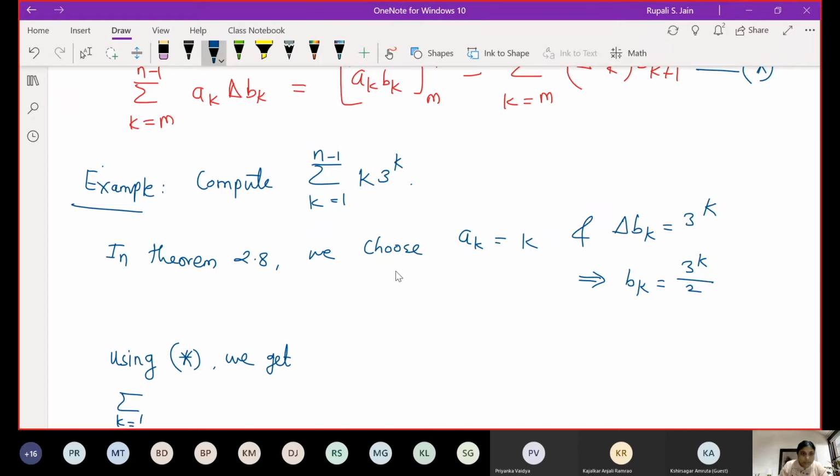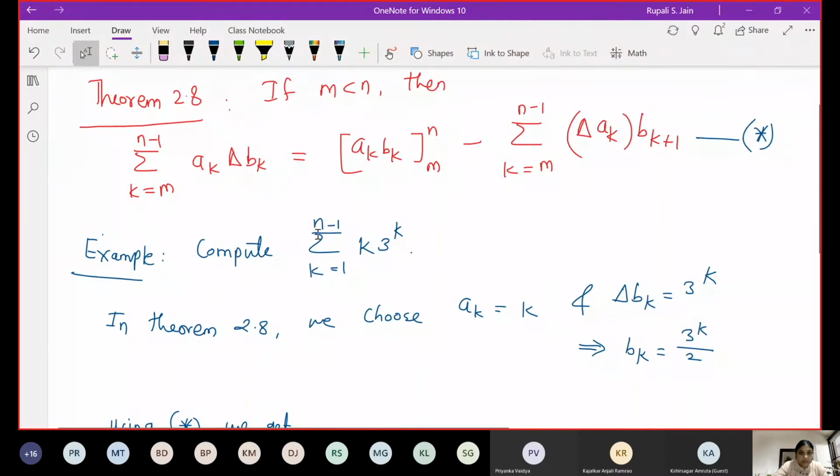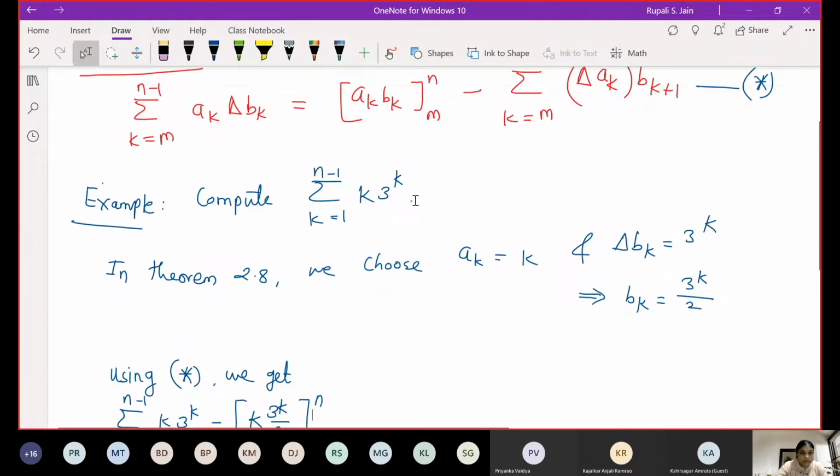Now m I will substitute as n minus 1. k 3 raised to k is nothing but ak bk. ak is my k, bk is my 3 raised to k by 2, and upon it runs from m to, m is my 1, to n. Here n minus 1, so n.